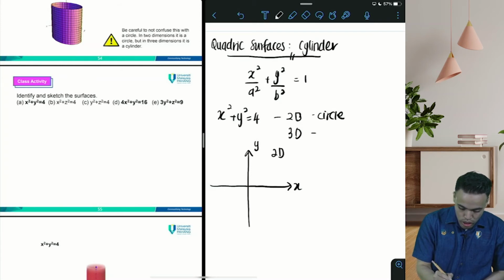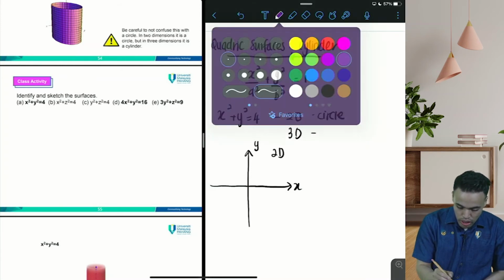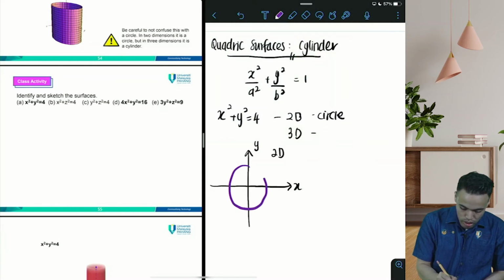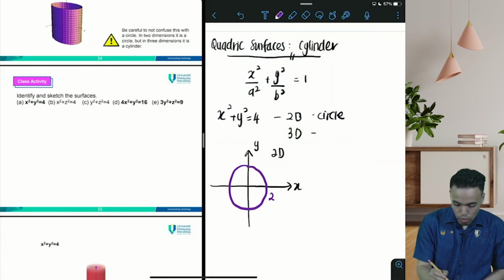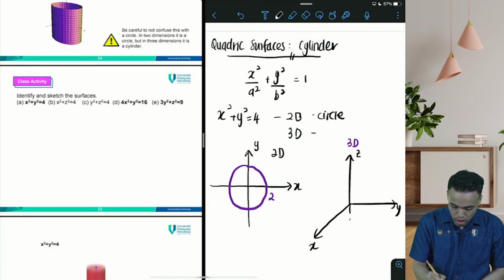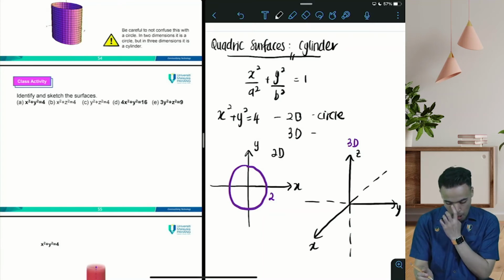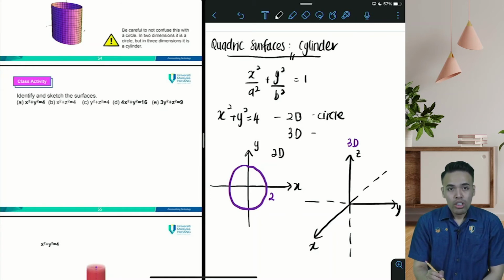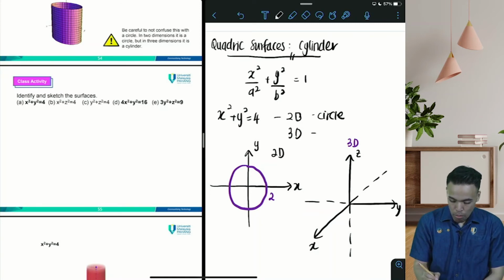Okay, in 2D, as mentioned earlier, you will end up with a circle with radius 2. But in a three-dimensional coordinate system, you will see that you will end up having a circle on the xy plane.